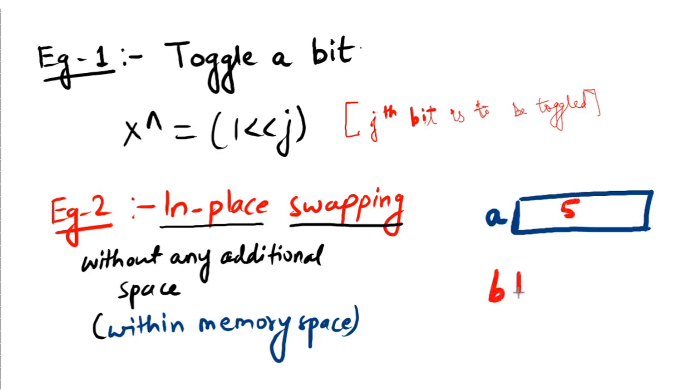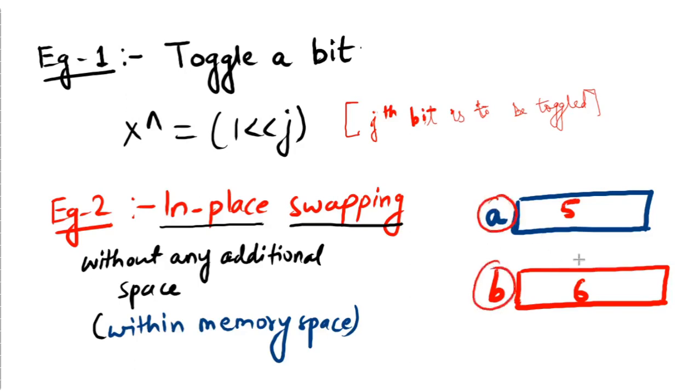Then in B some other value will be stored, which will be 6. So swapping means using the same locations of A and B, just get the values swapped. So this should have the value of 6 and this should have the value of 5. This is the meaning of swapping.